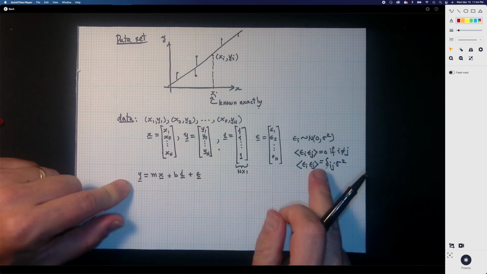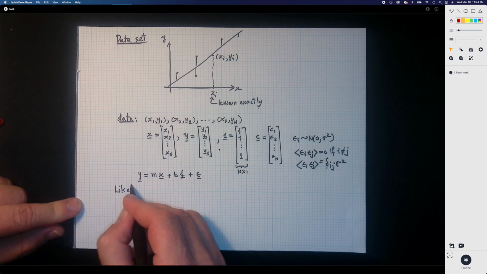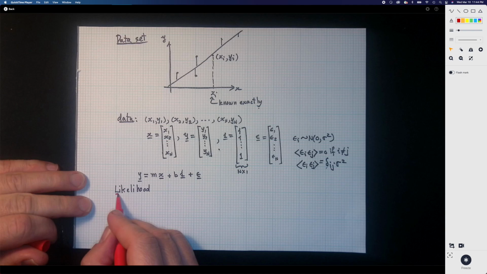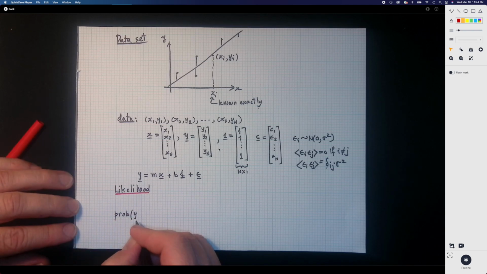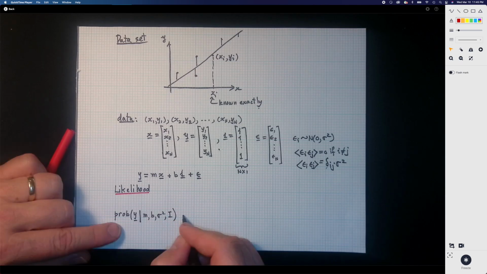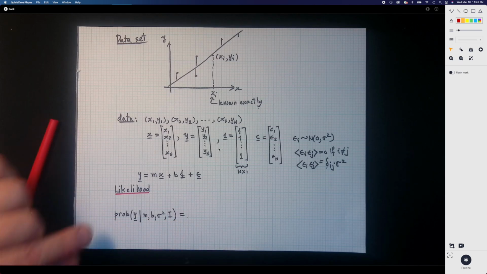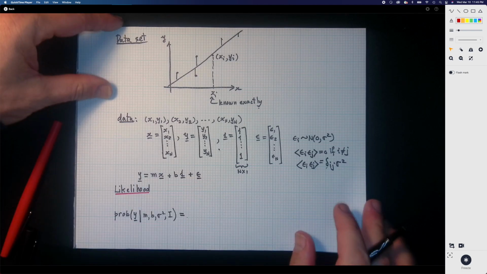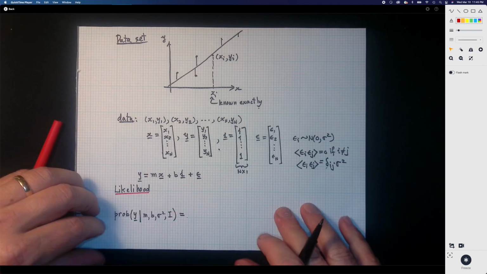So maybe we can write down the likelihood right now. Remember, the likelihood is the probability of the data given the model. But what do we know? We know something about the probability of epsilon. And so that's what we're going to use to find out what the probability of y is.